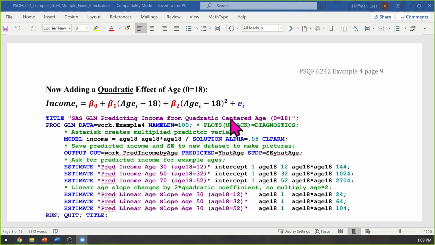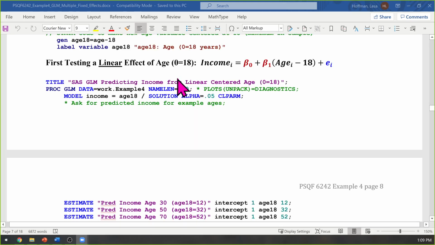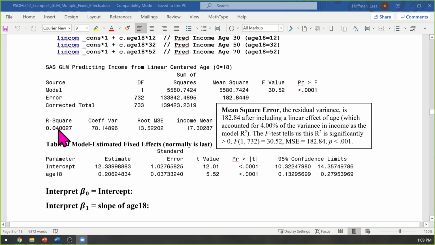So we had previously looked at linear effective age for these data and found that if I just put in age 18 by itself as a predictor, so going back to page 7 here just for a second, if I put in age 18 as a linear slope, then that slope accounted for 4% of the variance in income.